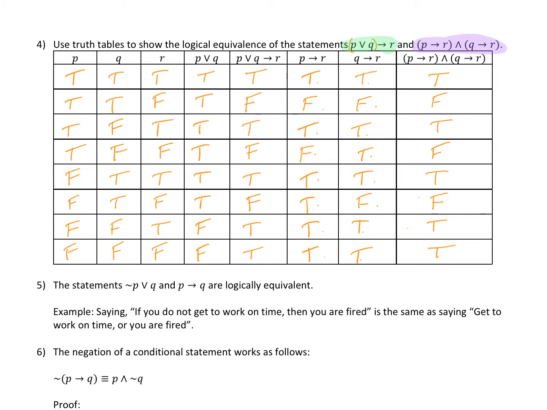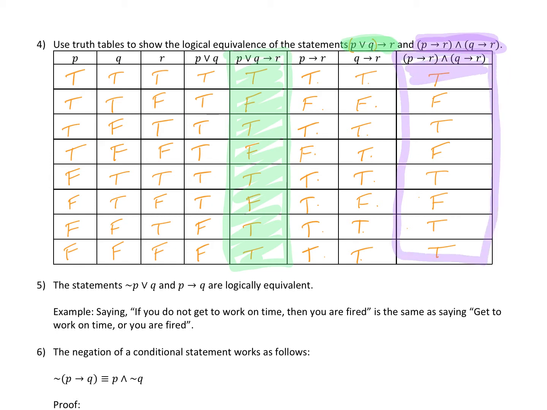Okay, so the whole goal of this giant truth table was to compare the columns for P or Q implies R, so this one, and P implies R and Q implies R, this one.